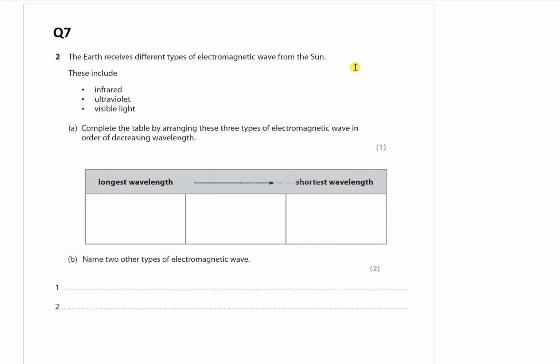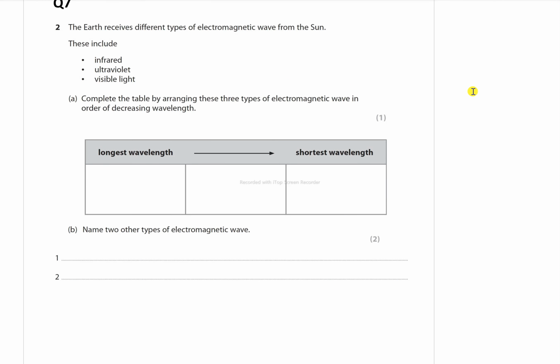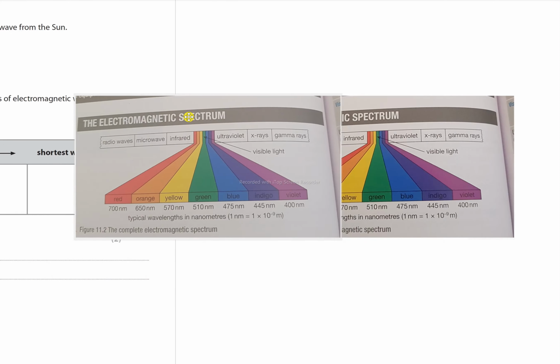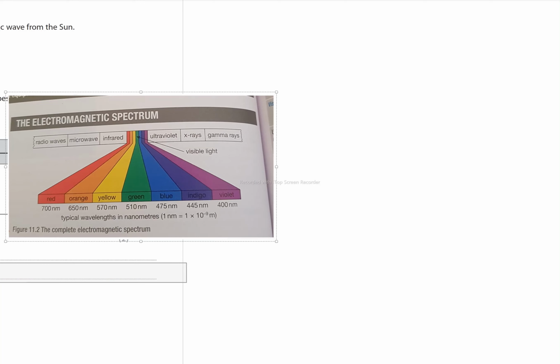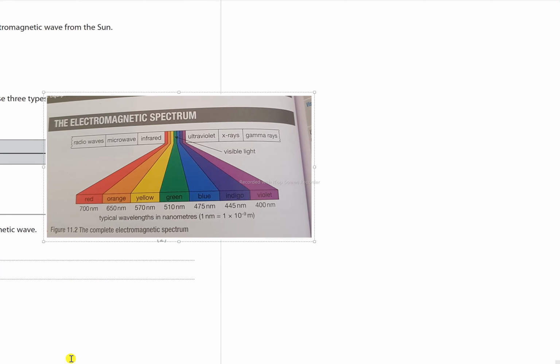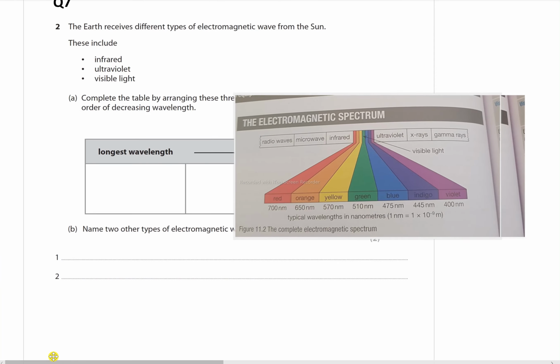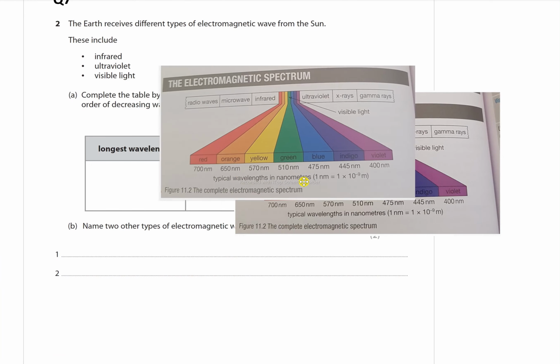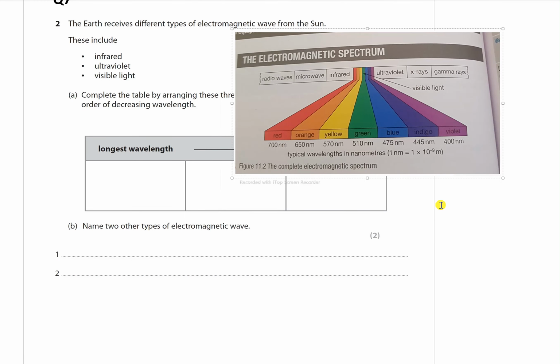Right. Let me just go get that diagram. Right. Let's see if we can. There you go. Go back, where are we? So you've got infrared here, and then you've got visible light in the middle.